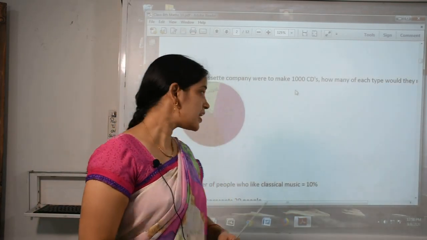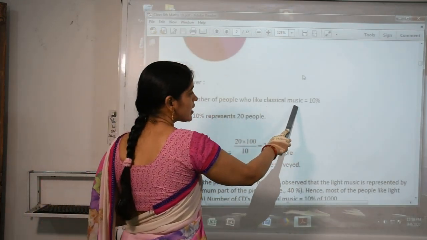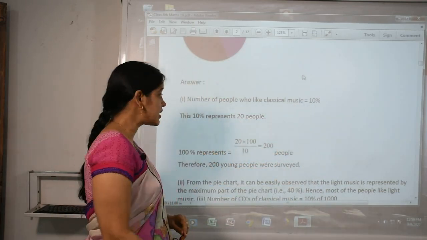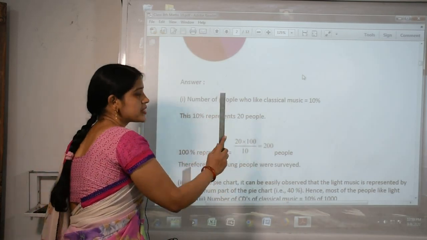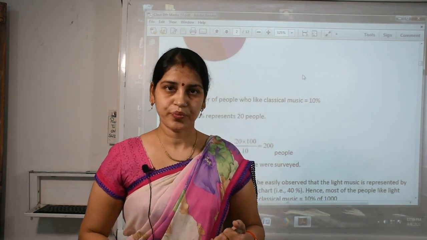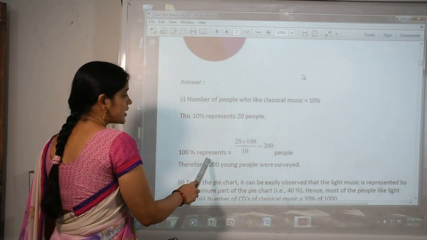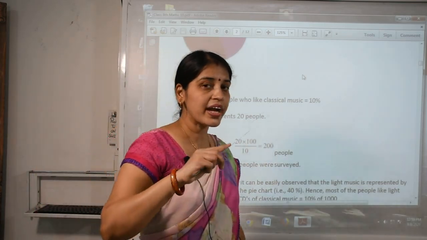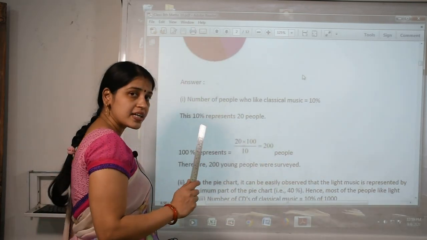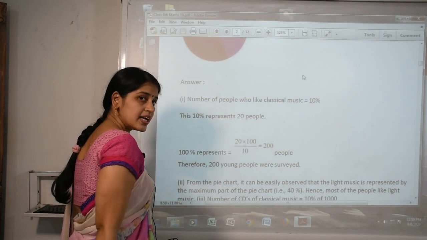The number of people who like classical music, given in the pie chart, is 10%. Then this 10% represents 20 people. What do these 20 people represent? 10%. It is mentioned in the question. So 10% represents 20 people. So 100% means we have to find overall for all. That means 100% is equal to 20 multiplied by 10 divided by 100.